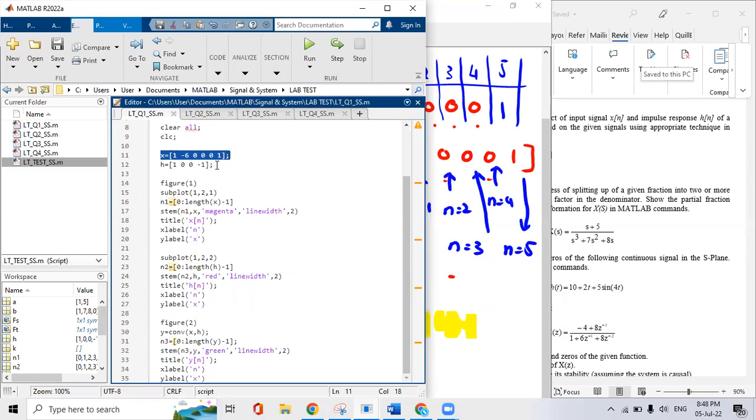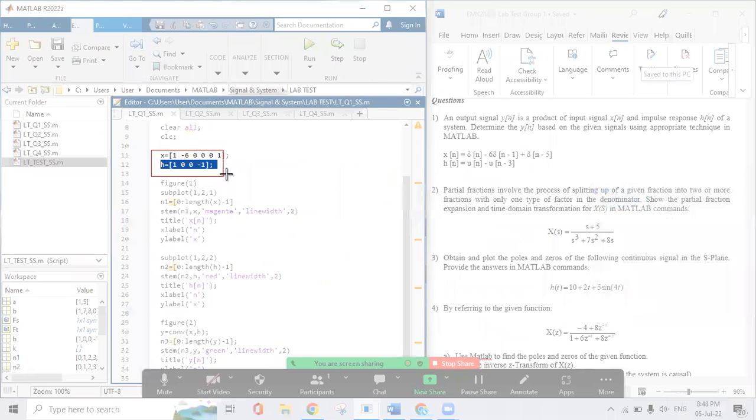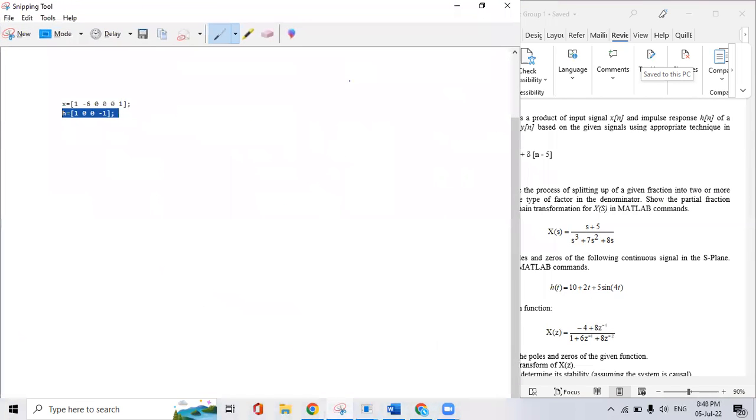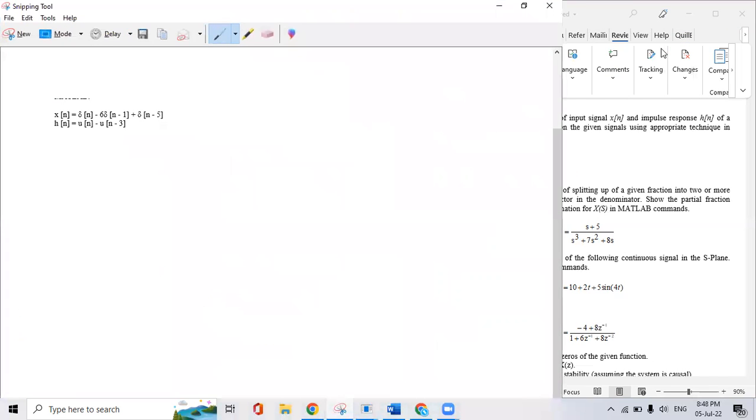The same thing happens for the h. For the h, we have n equal to 0, and n minus 3 equal to 0, so n equal to 3.